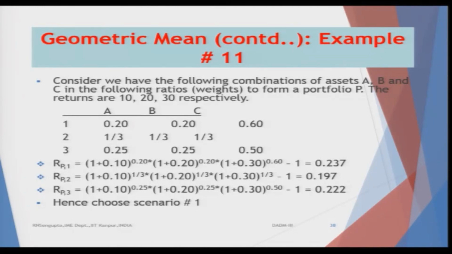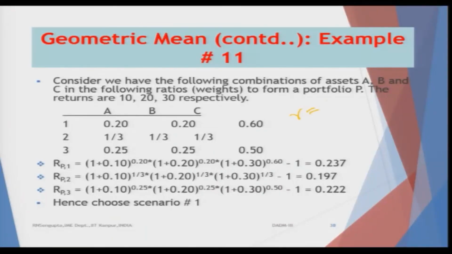If I want to find out the return using the geometric mean for the portfolio based on decision 1, these 10, 20, 30 are given as the returns respectively. So, what I want to do is take 1 plus the returns to the power. So, I multiply (1 plus 0.1) to the power of 0.2, and I keep doing it, and obviously minus 1 because the returns formula is given.